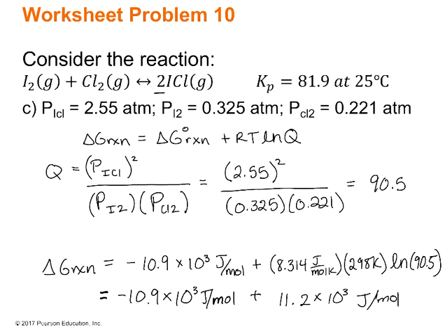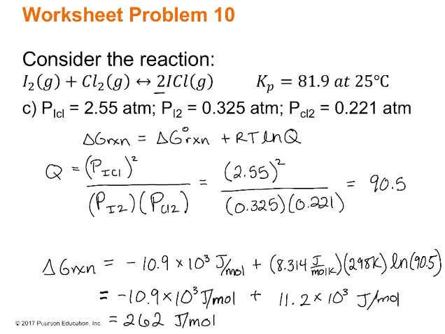Okay, and so now let's take negative 10.9 times 10 to the third and add that answer. And we should get about 262 joules per mole.